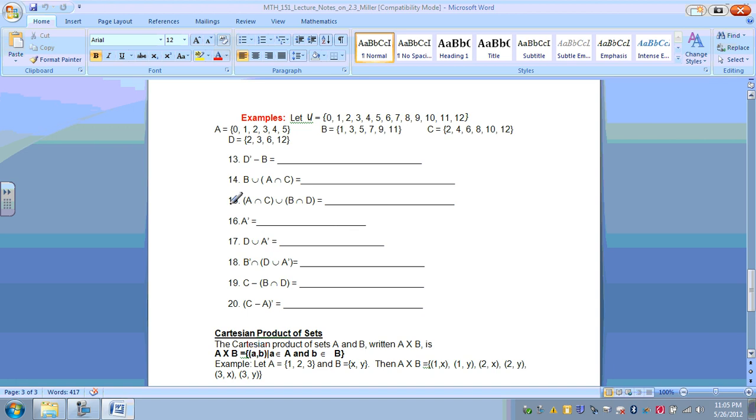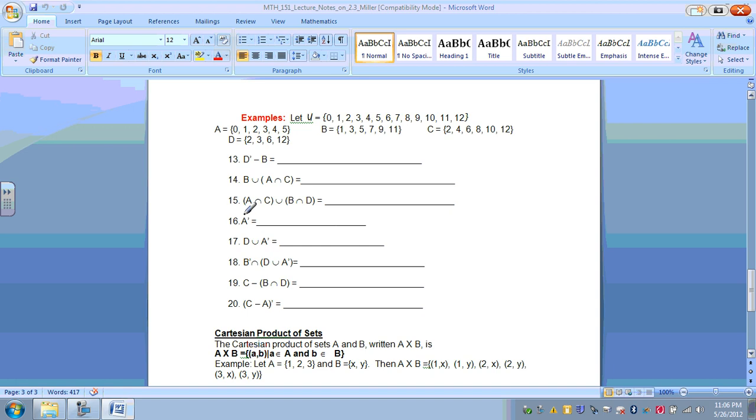So the intersection between A and C would be the numbers 0, this is getting confusing. Let me do something else here. Okay, so the intersection between A and C would be the number 0, sorry, said it wrong. Intersection between A and C means what do A and C have in common?